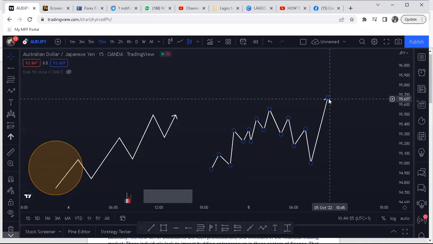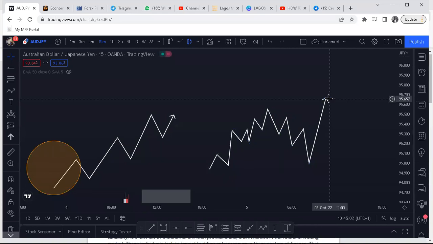If you're seeing a downtrend, what you're looking out for are the lows. That does not mean we should be negligent of the rest, because every single thing in the market tells a story.